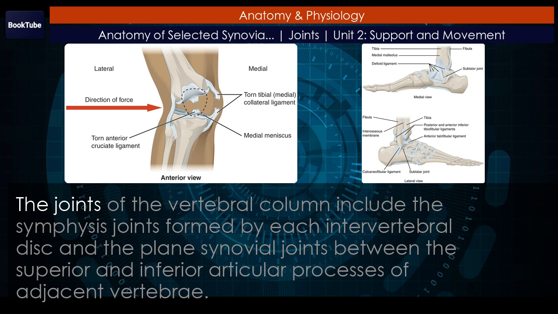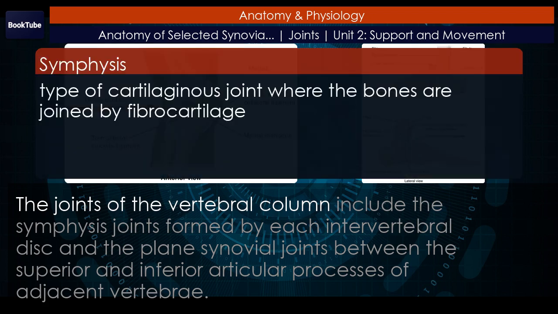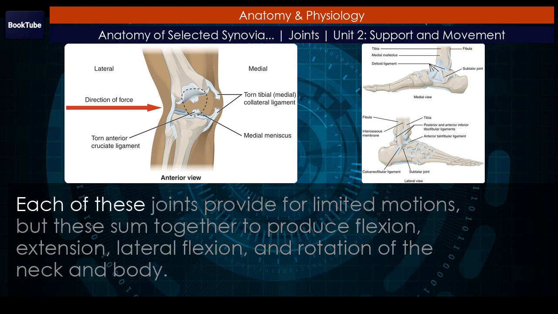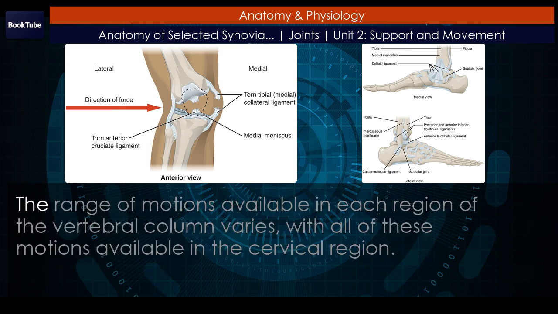The joints of the vertebral column include the symphysis joints formed by each intervertebral disc, and the plain synovial joints between the superior and inferior articular processes of adjacent vertebrae. Each of these joints provides for limited motions, but these sum together to produce flexion, extension, lateral flexion, and rotation of the neck and body. The range of motions available in each region of the vertebral column varies.